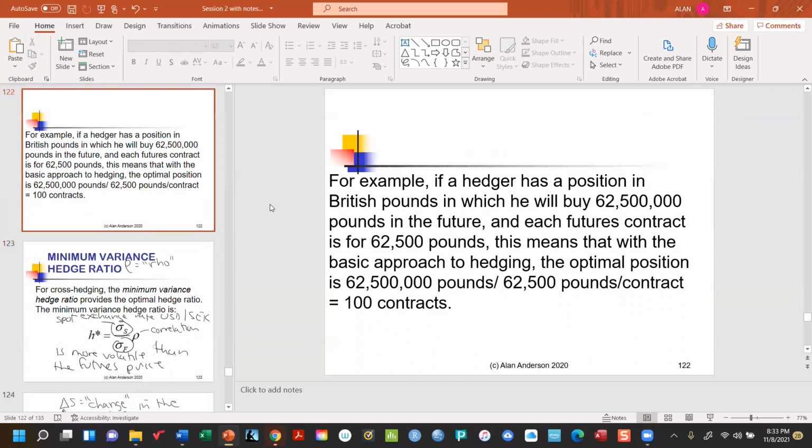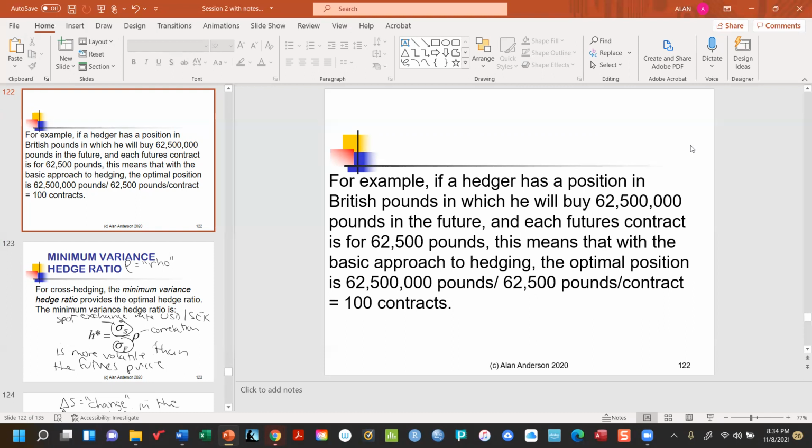Well, here again, here's the British futures contract. Let's say our position, just by a lucky coincidence, is 62,500,000 pounds. And of course, we know that each contract is worth 62,500 pounds. Boy, that would be perfect. That means we can buy exactly 100 contracts and our hedge is very good. But it usually doesn't work out so nicely.